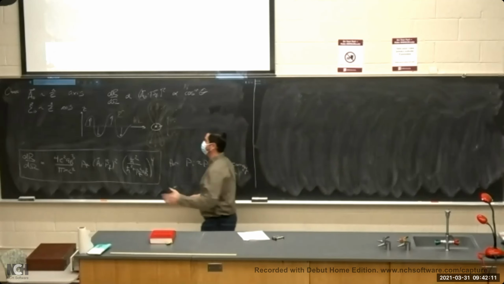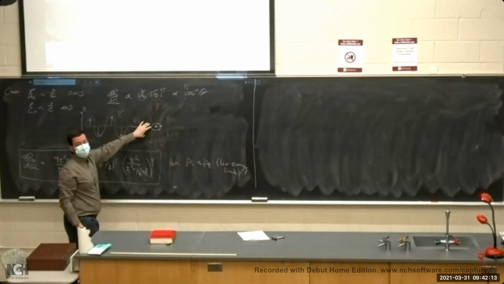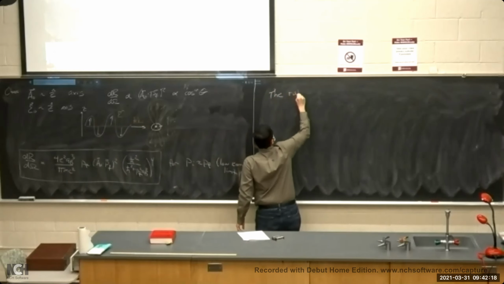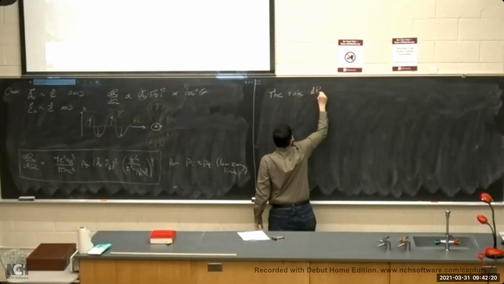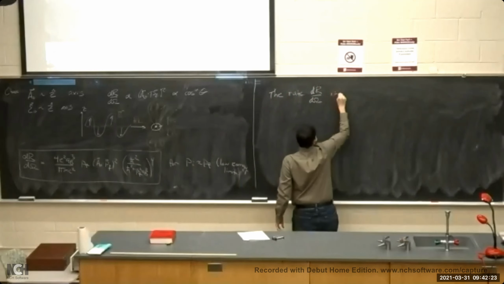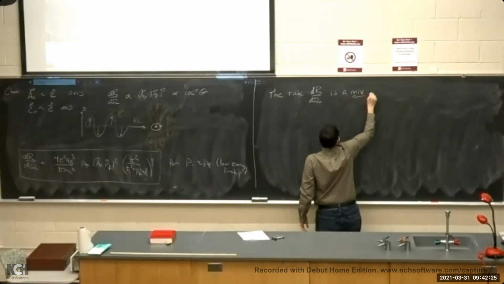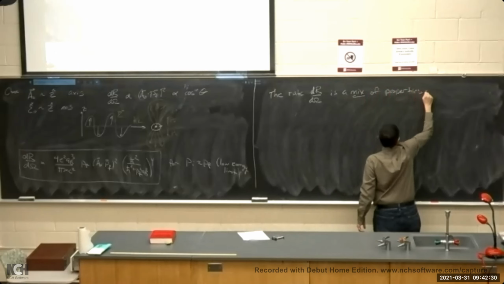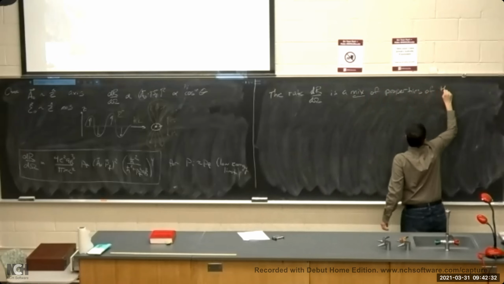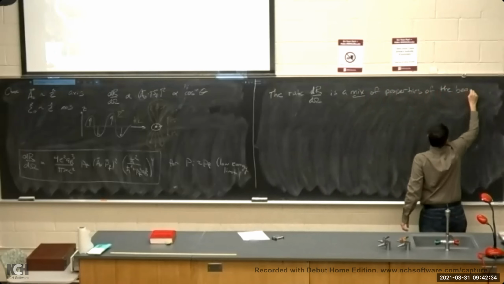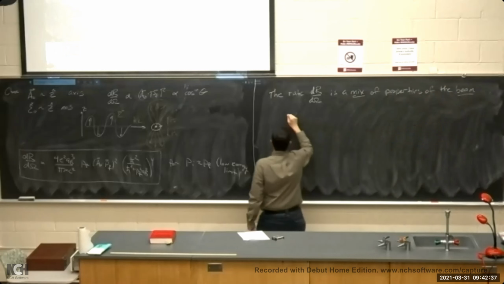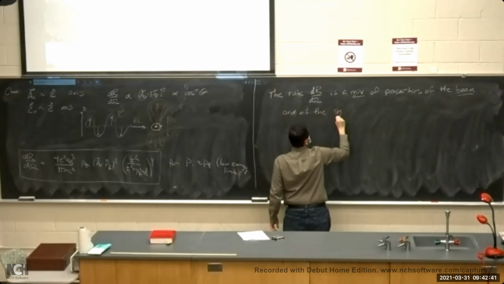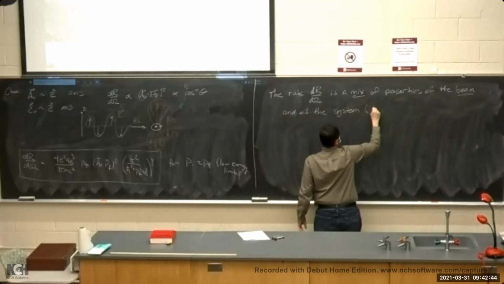It's a combination of properties of the wave and properties of the quantum mechanical system. Combination of properties of the beam and of the system. You might call it the targets.